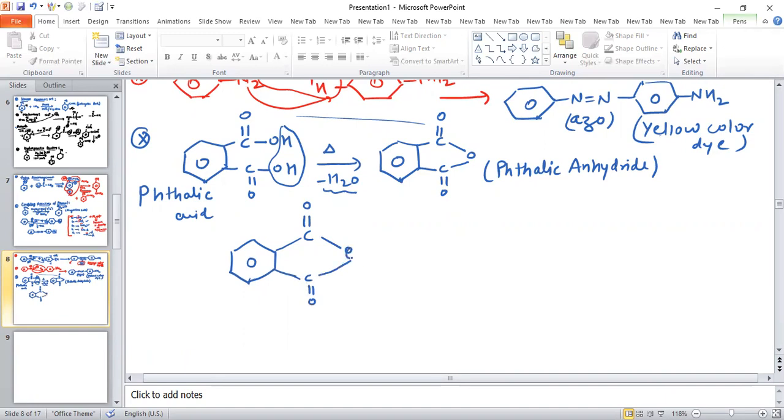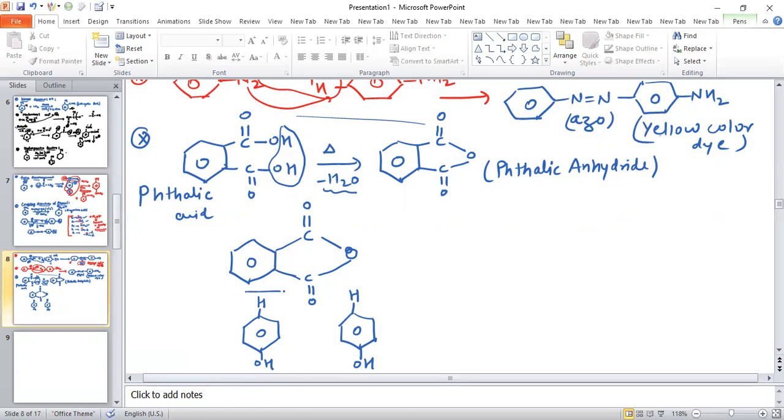Now see the reaction. Two phenols I am using, two phenolic groups. One phenol is like this, another phenol is like this. Now see what happens. Because we know this is an ortho-para directing group, this hydrogen is at the para position with respect to this OH, and this hydrogen is also at the para position with respect to this OH.